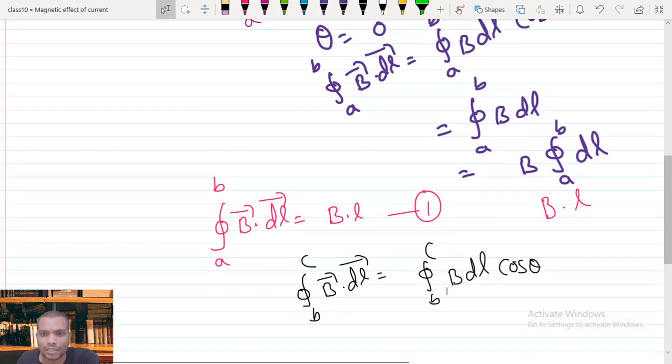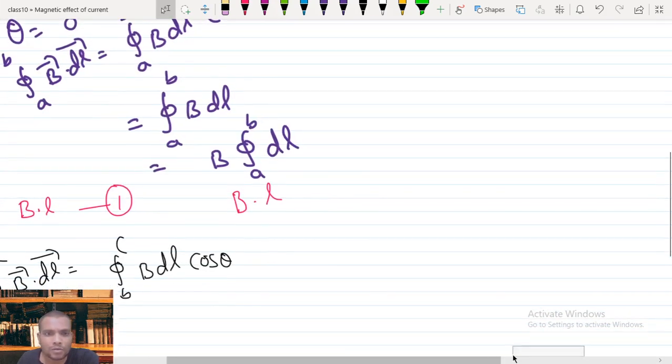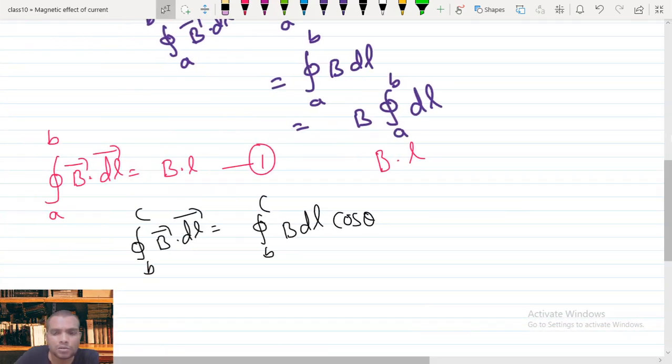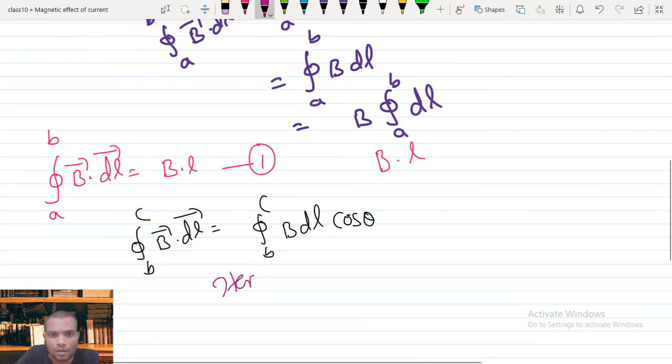So cos theta, with theta equal to 90 degrees here. The cos 90 value goes to 0, which means that particular portion does not contribute any magnetic field. Here theta equals 90 degrees.